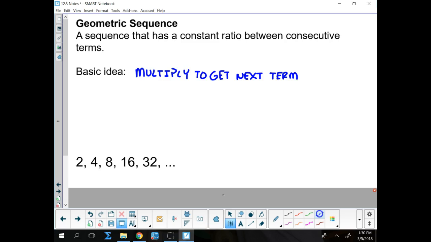2, 4, 8, 16, 32, so on and so forth. That is a geometric sequence because every time we are multiplying by 2.